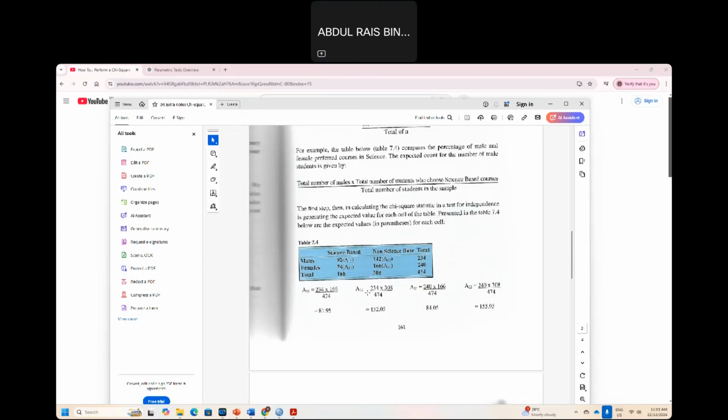So A12 merujuk kepada male pula, tetapi yang ambil jurusan bukan sains. So dia ambil nilainya 234 darab 308 bagi jumlah keseluruhan.